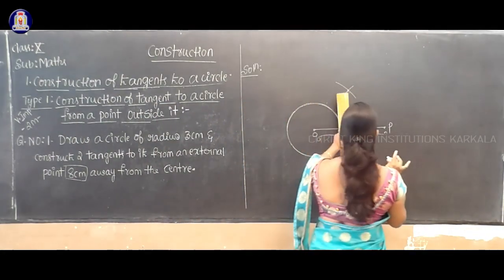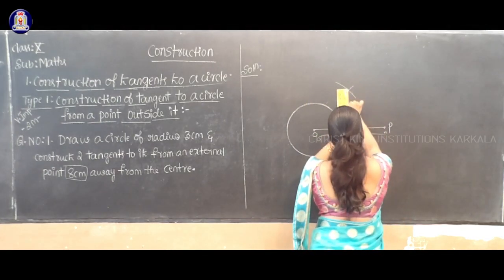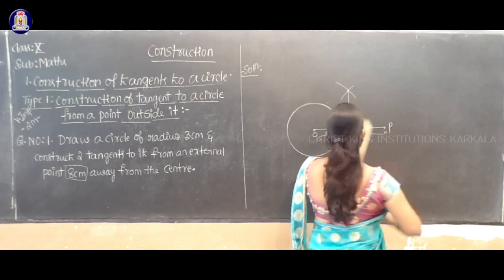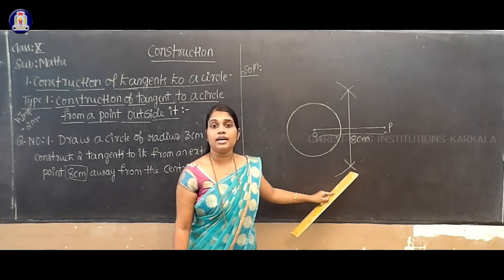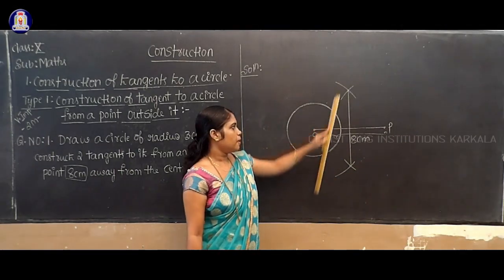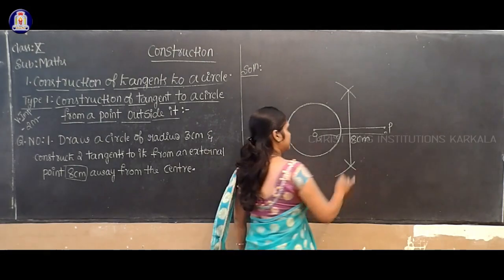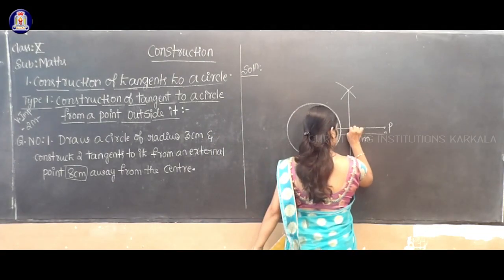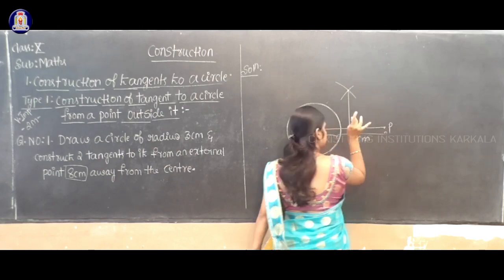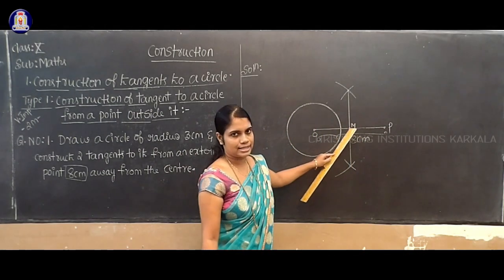This is the perpendicular bisector of OP. Now this perpendicular bisector and OP are intersecting at one point. I will mark that point as M.